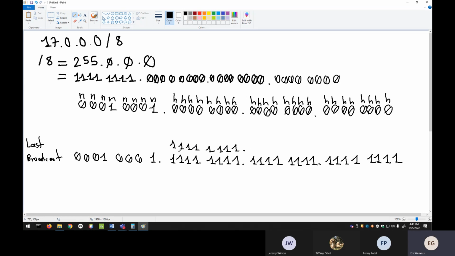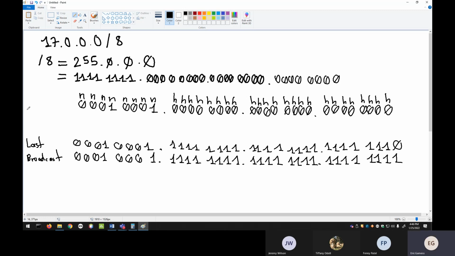So this first 8 in one, this other 8 in one, and 7 bits here in one, and the last bit in 0. And of course, I cannot change the network part, so I just copy the network part as it is. So this will be 17.255.255.254. Okay? That will be the last valid IP address.